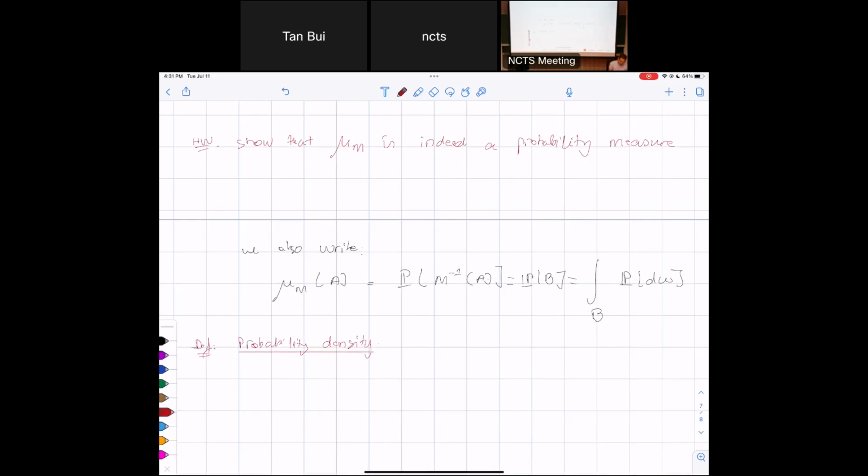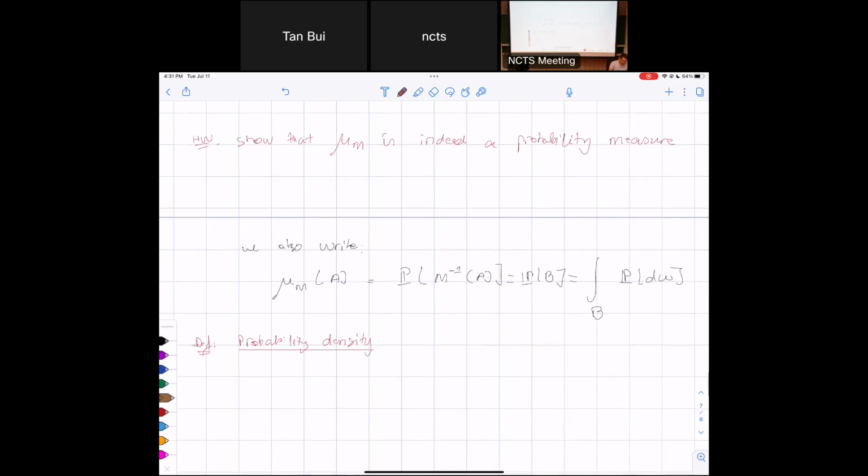So the probability density, what is it? It's easy.